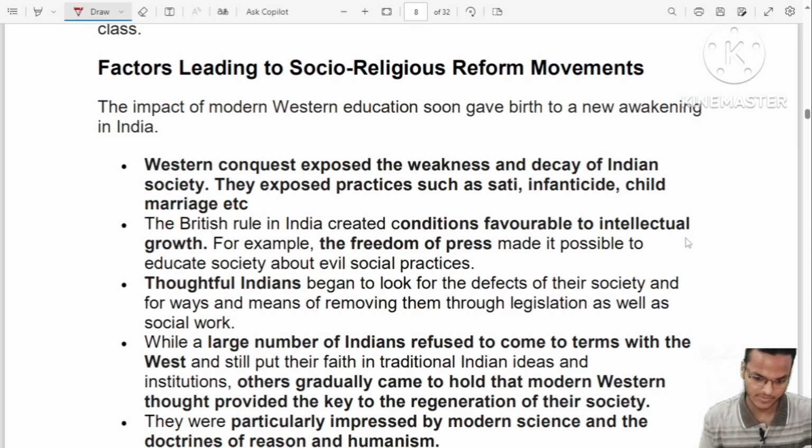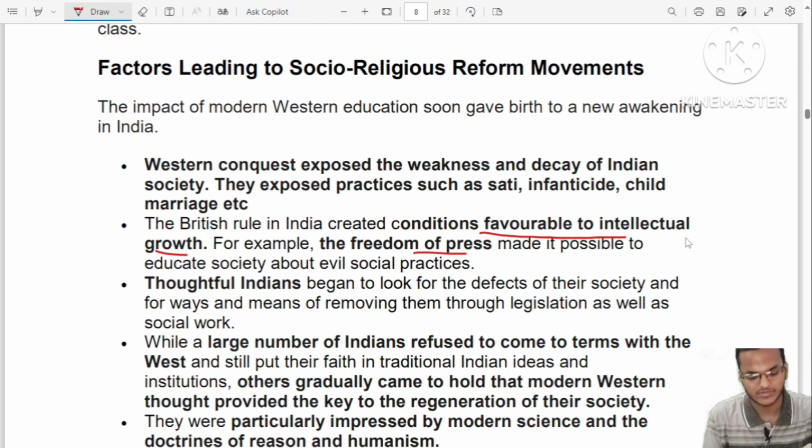The factors leading to socio-religious reforms. So what are the factors? They believed in westernization and modern education. British rule in India created conditions favorable to intellectual growth, for example the freedom of press and modern education.